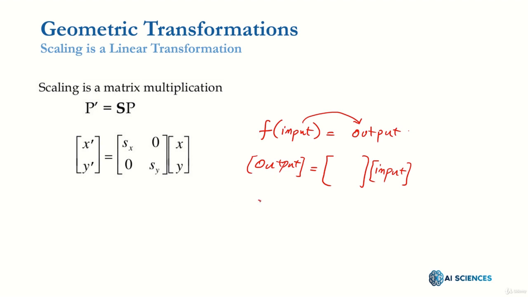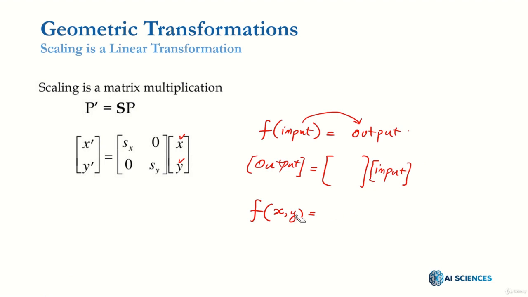The input is x, y, that's the input, x and y, and the output is actually a vector of two numbers, or you can call them two components. Like the input, the output has two components.